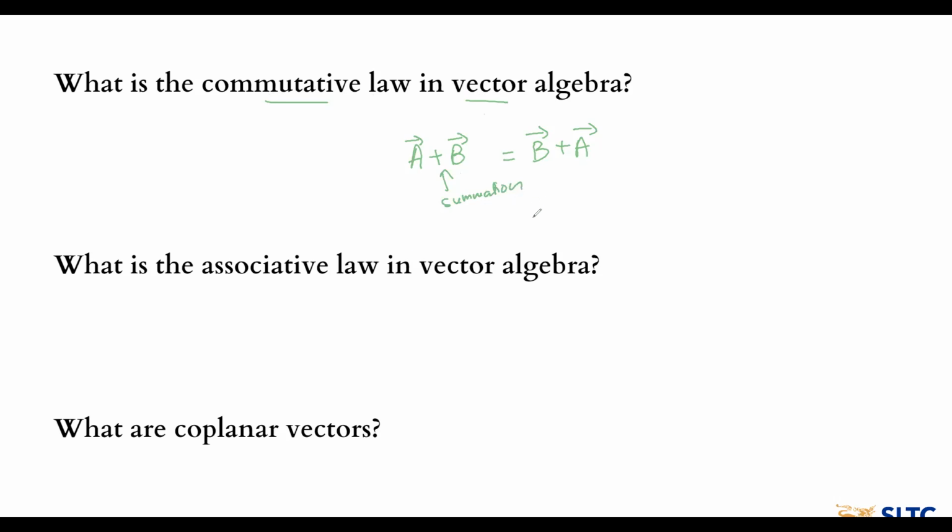For multiplication, it might not be true all the time. A into B might not be equal to B into A. With the dot product, we can take them as equal because the output is a scalar. However, when we take the cross product, these are not equal.